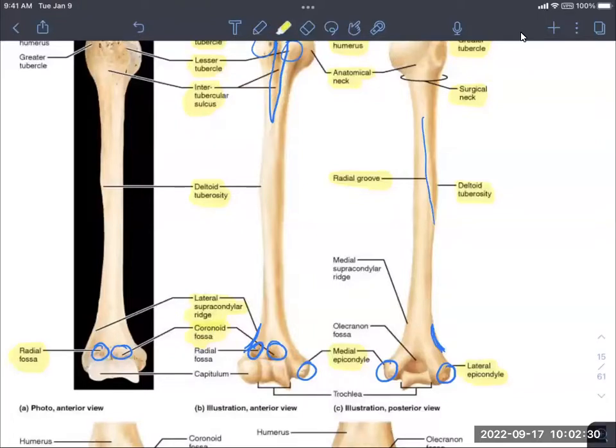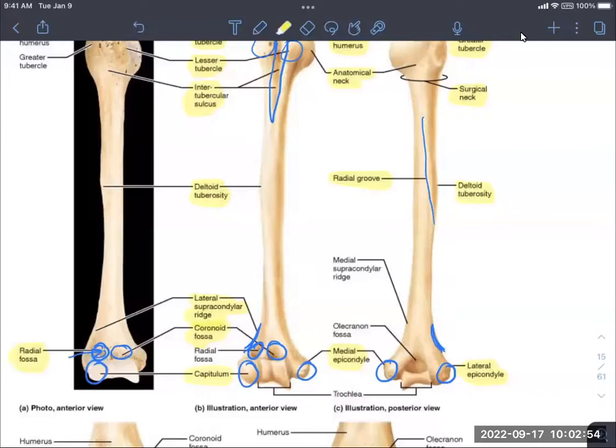We have what is called the capitulum. The capitulum here is what articulates with the head of the radius. So when you bend and straighten your arm, that radial head actually goes into this radial fossa here.